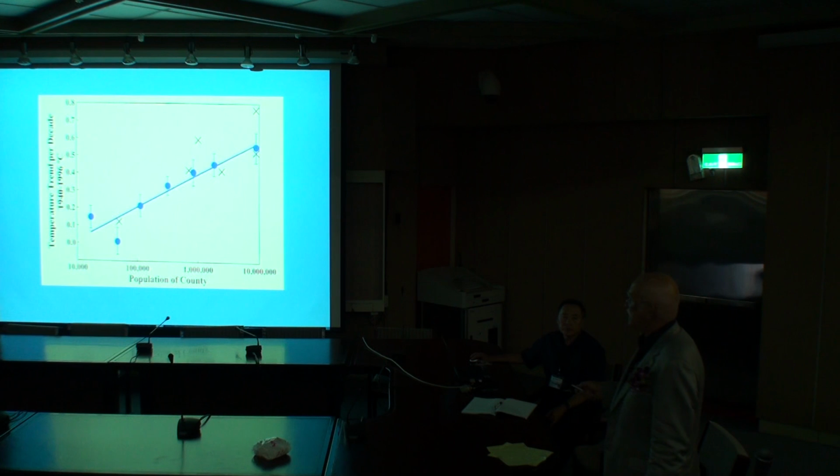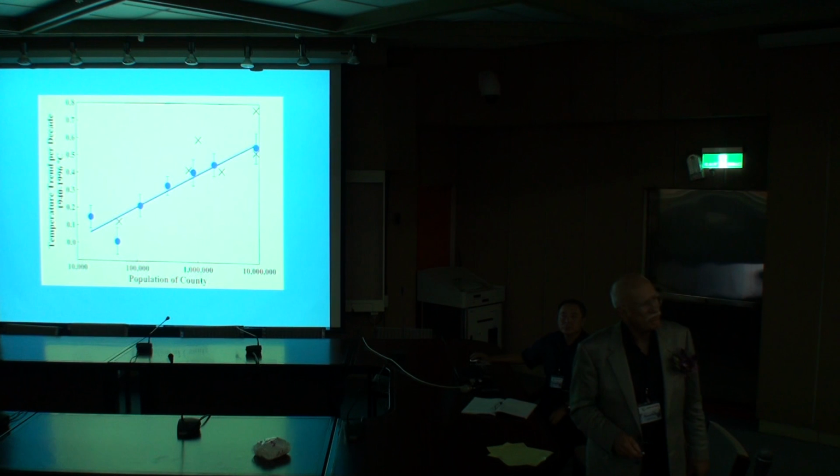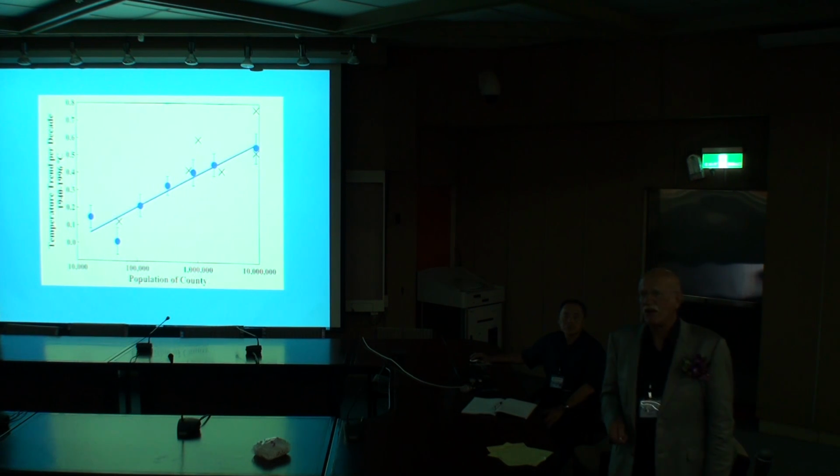Okay, next. There's another big factor about the surface temperature measurements. What this represents is taking a look at the surface temperature trends 1940 to 1996 in something like 57 counties of California.